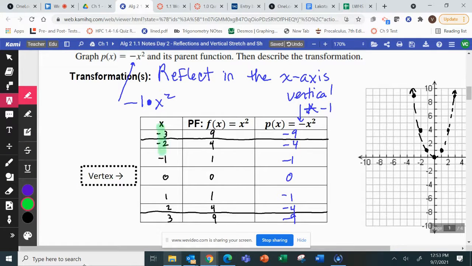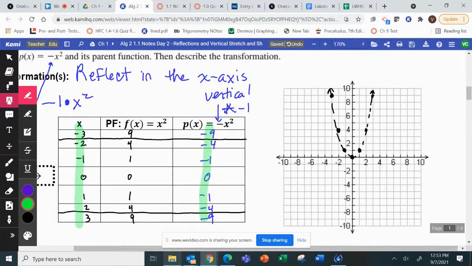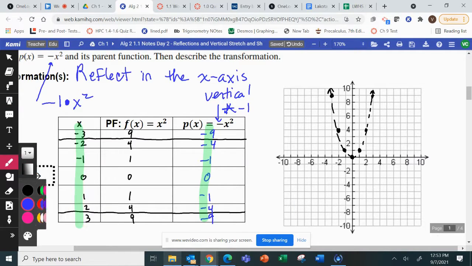And then I always graph the ordered pairs that are on the furthest out x and the furthest out y. So if you're using a table, I have the points you can graph. If you're not using the table, if you're just reading and you know it's a reflection, well, we can just figure that reflection out by imagining the x-axis is a mirror and mirroring it.